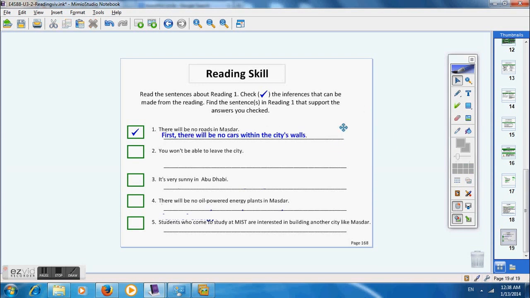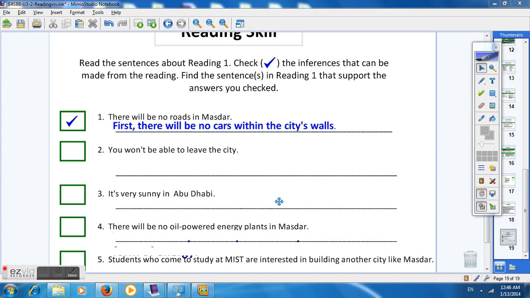How about number 2? You won't be able to leave the city. We didn't see any statement that refers to this one. Okay, 3. It's very sunny in Abu Dhabi. Again, there's none. And number 3, it's very sunny in Abu Dhabi. Is that a tick?